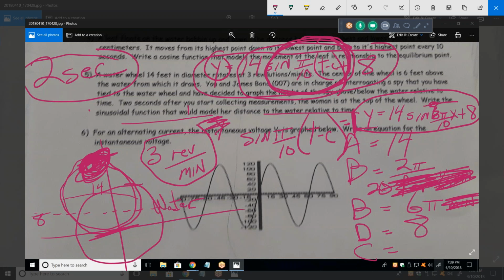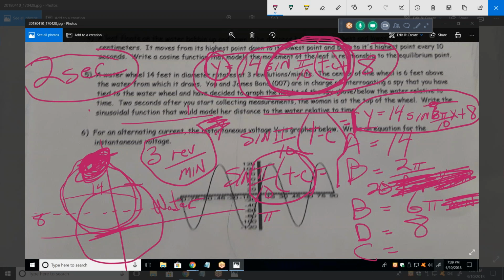Remember, y is the height of that lady at any point in time. So she's only going to be at the top when c is a specific number. Well, if I say the sine of pi over 10 times t minus c has to equal 1, well, that tells me that that has to equal pi over 2.